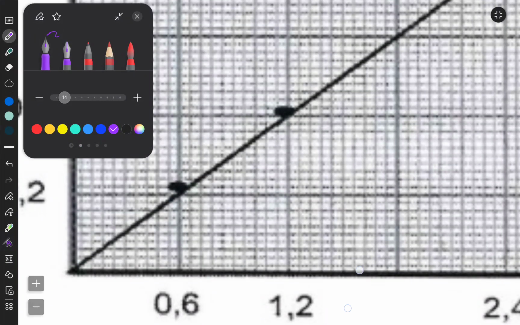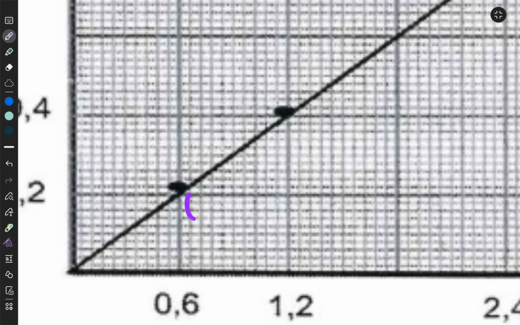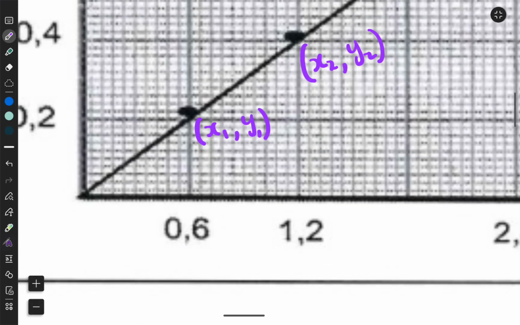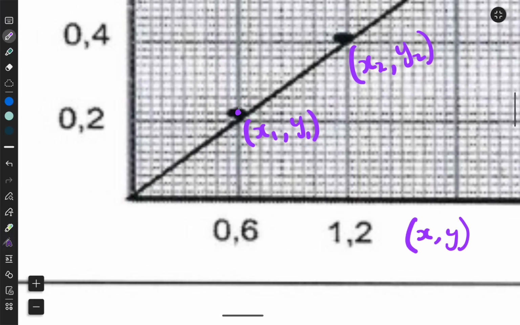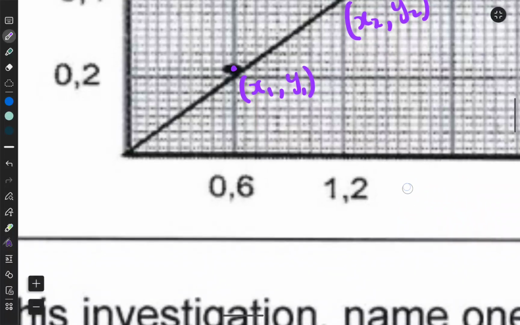So what we can do, we know that this is our x1, y1. That's point number 1. This is our x2, y2. That's point number 2. Remember, in a graph, we plot in x and y, right? So this point here, we can take out its x and y coordinates.